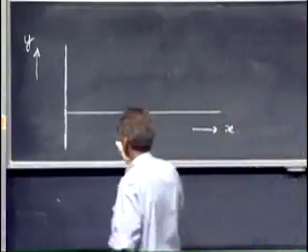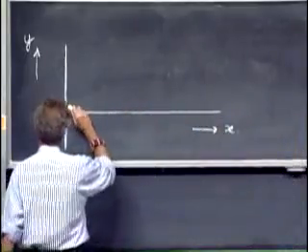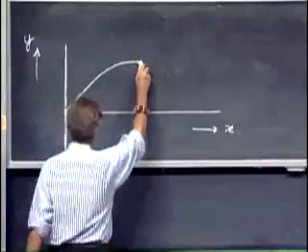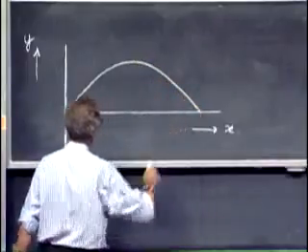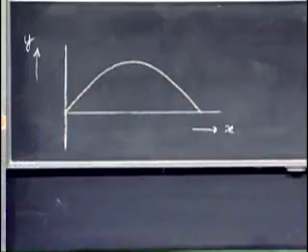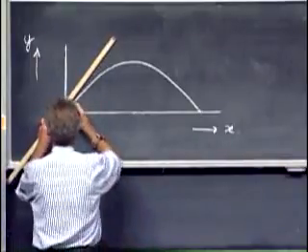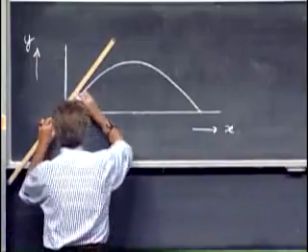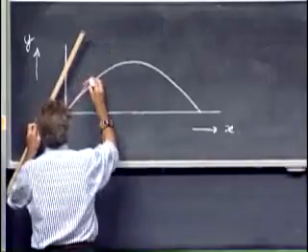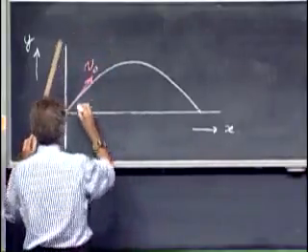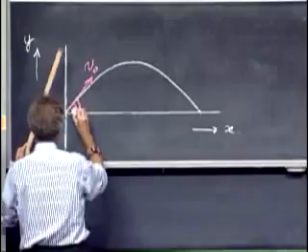I'm free in that choice. I throw up an object at a certain angle, and I see a motion like this. Boing, and it comes back to the ground. My initial speed when I threw it was v0, and the angle here is alpha.